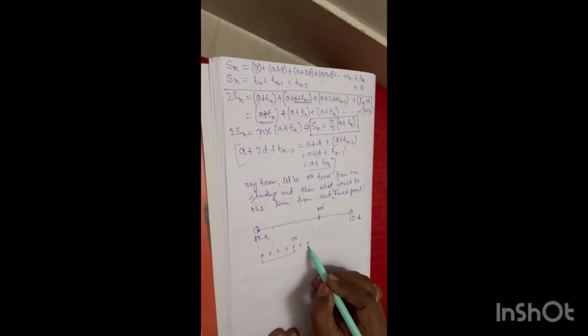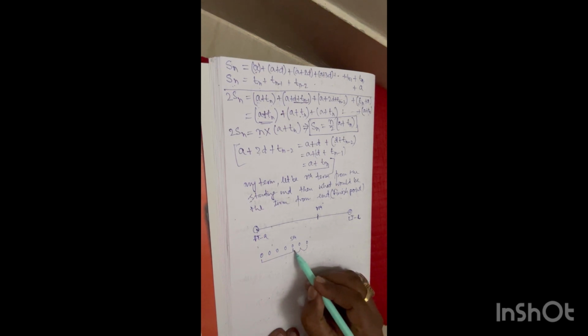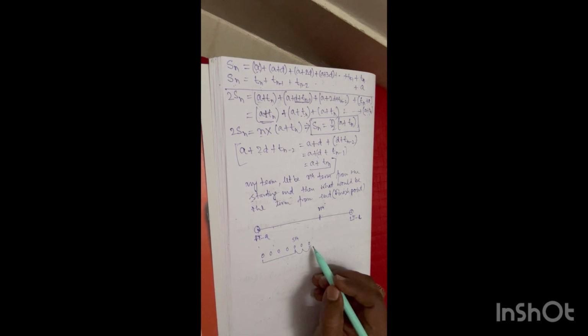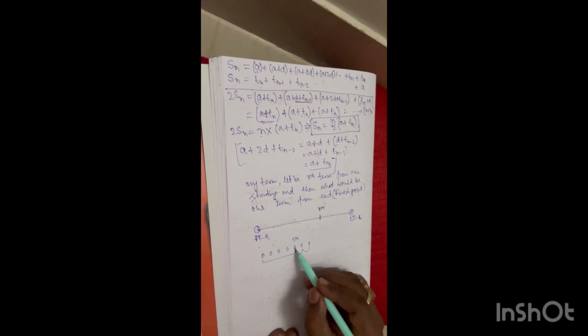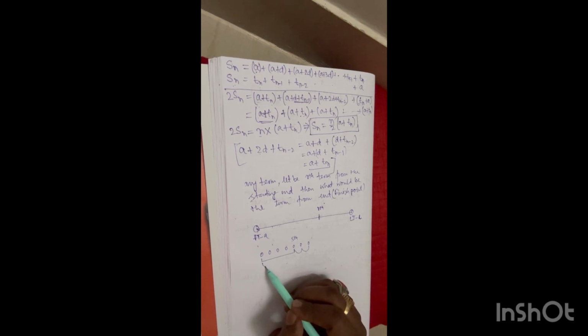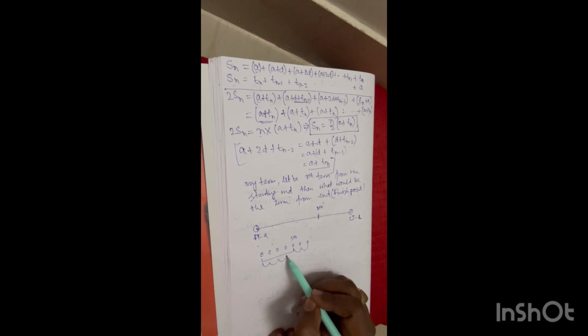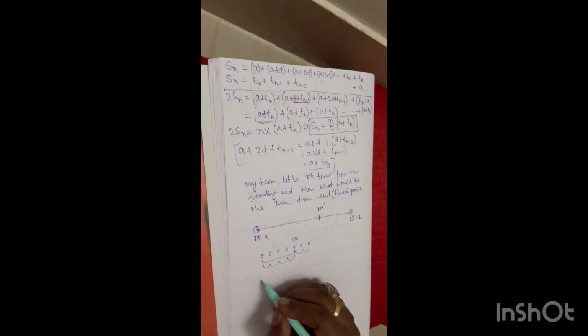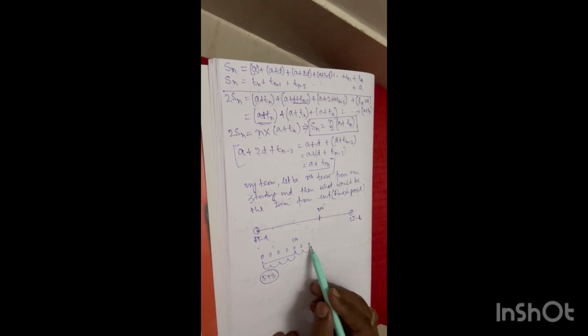If we count from the last end, the finished end, I will get 1, 2, 3. So from here it is 5, and from here it is 3. If I add up the counts, I get one more than the number of terms in the set.